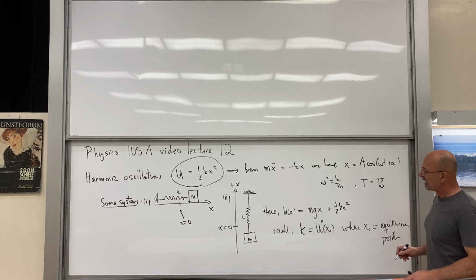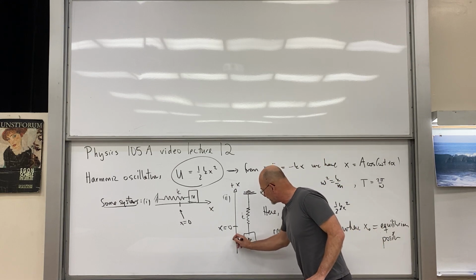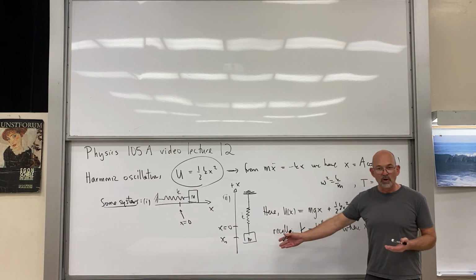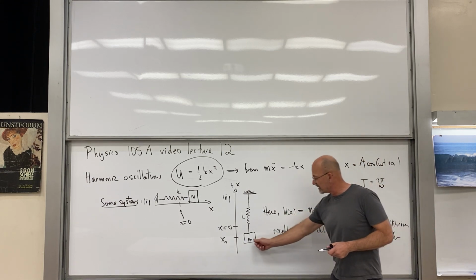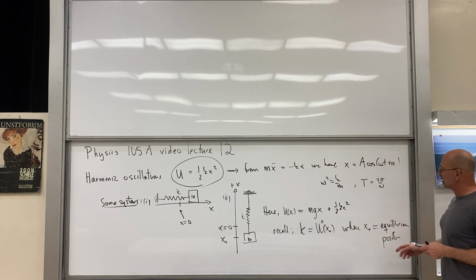In my case, I could say, okay, this was the unstretched length, and now I'm going to say that this here is x0, since the thing's not in motion, so it's an equilibrium there. Now the idea is I pull down on it, it bobs up and down. Good.